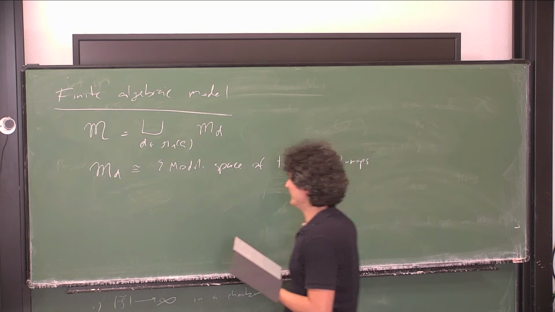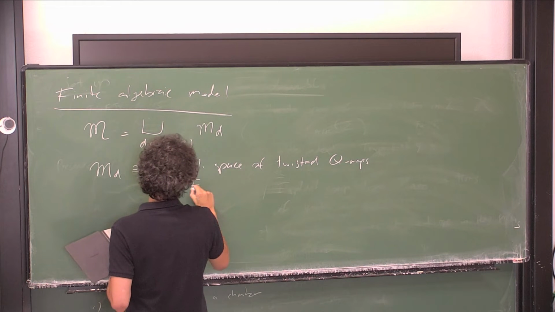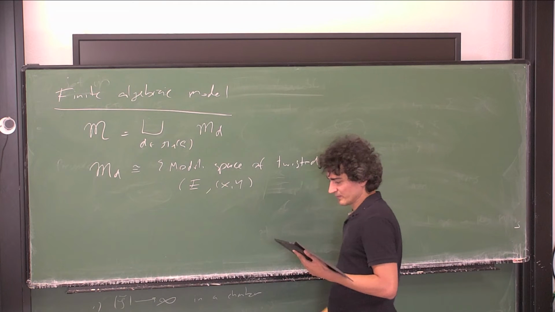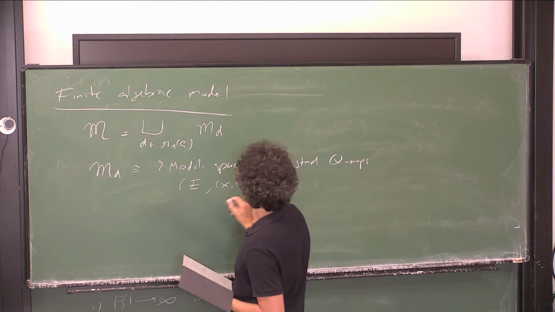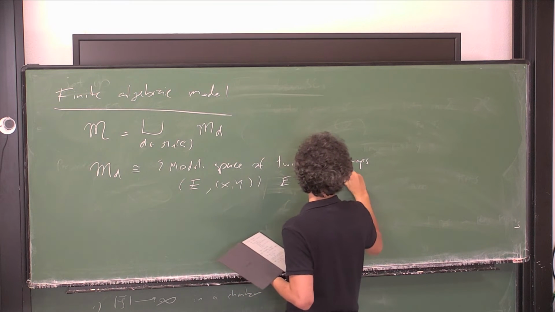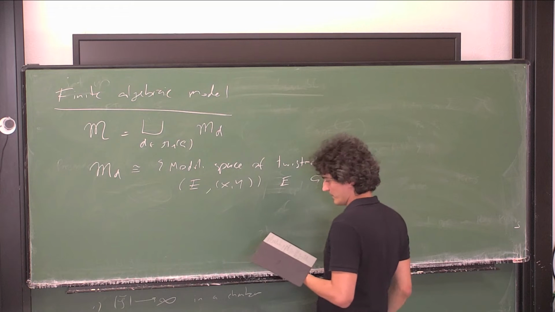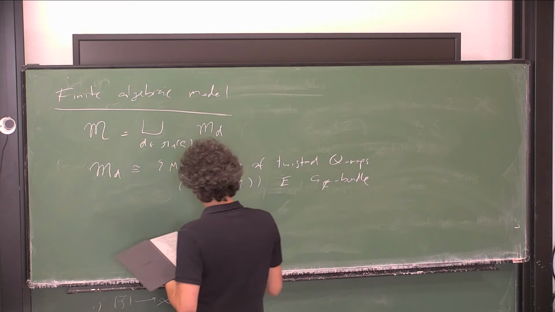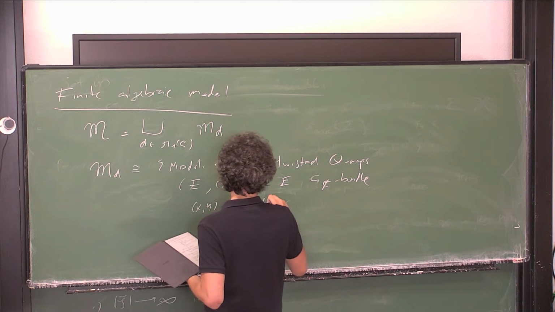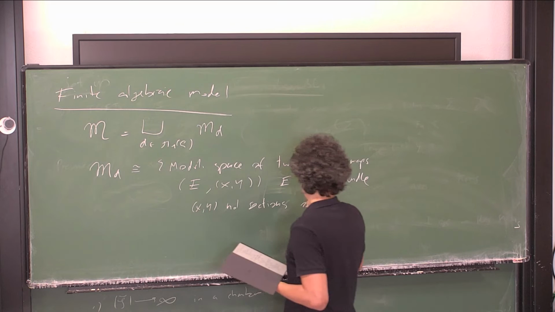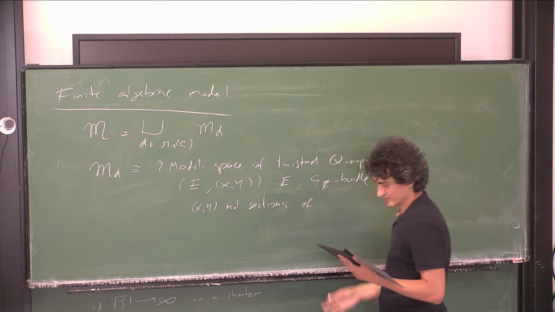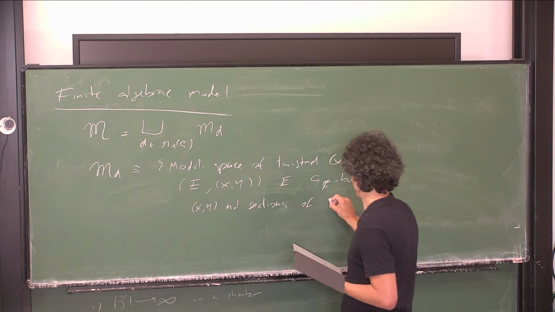And so what that means is basically a moduli space of pairs (E, X, Y) where each E is a G_C bundle, and X, Y are holomorphic sections of an associated bundle, which is exactly the same associations as before.